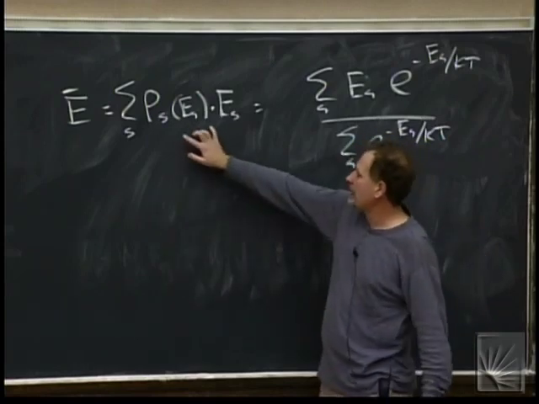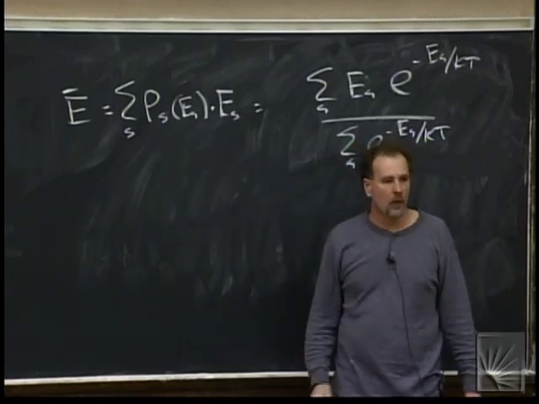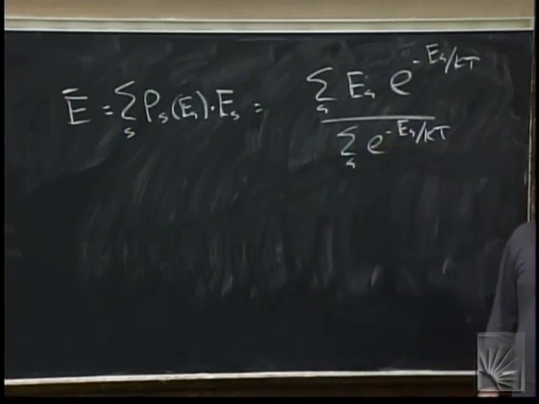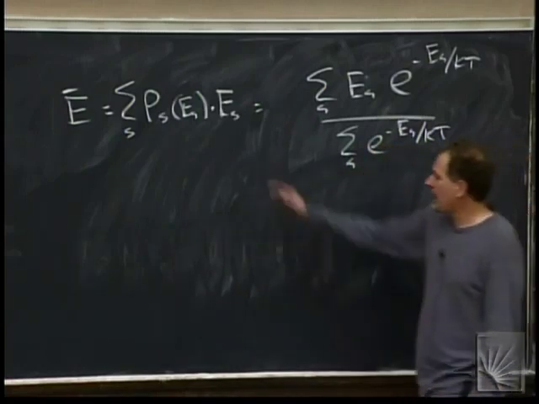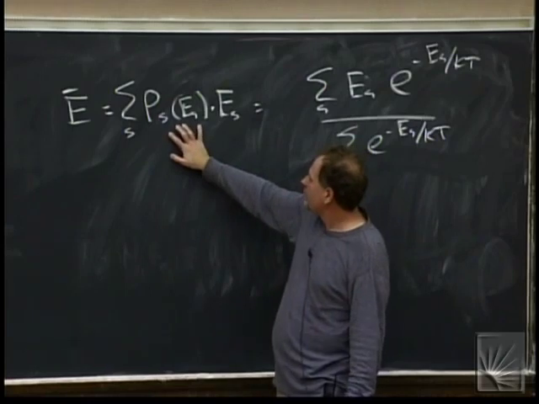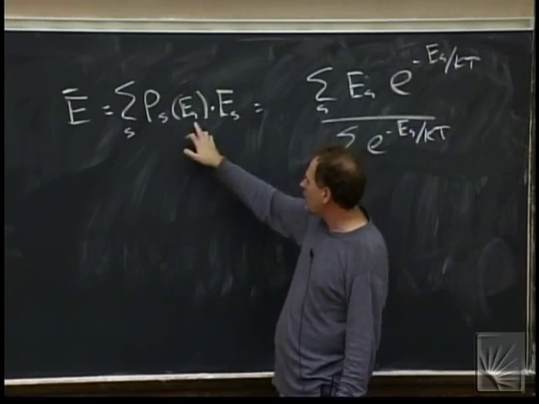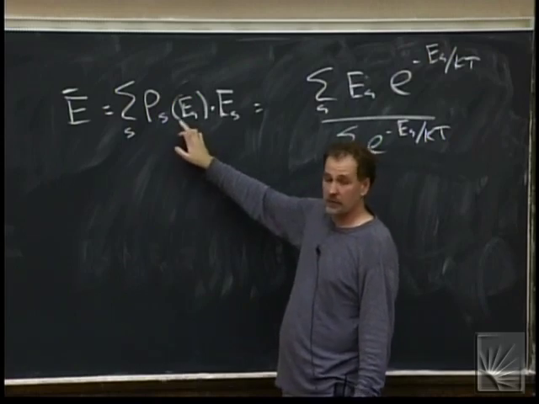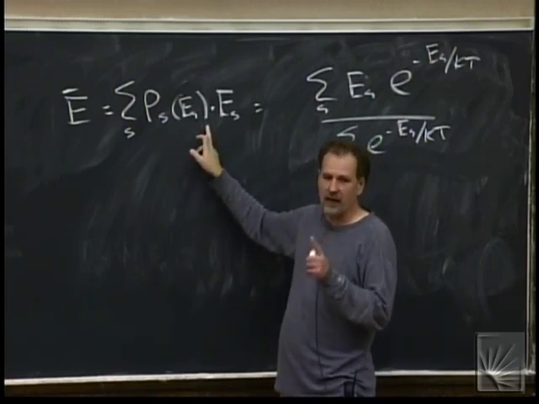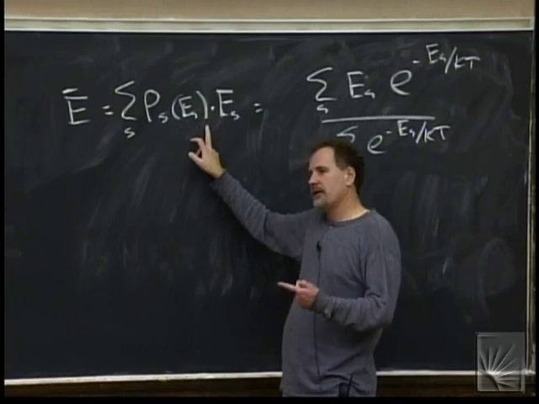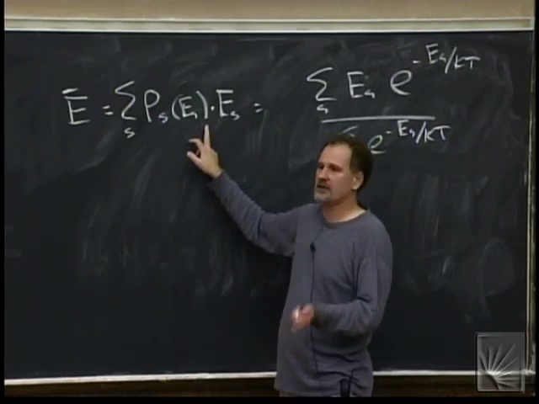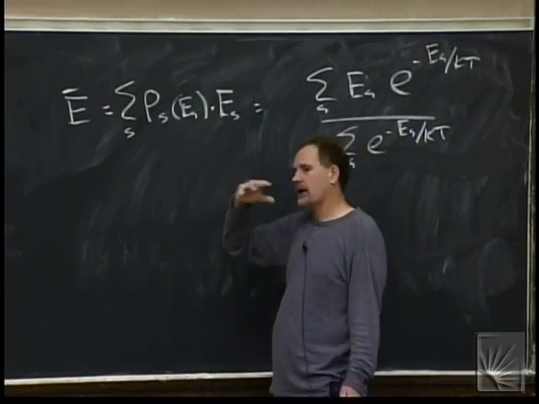It's simply that you may well have more than one state with the same energy, okay? And so when I'm adding these states up, this isn't exactly the probability of an energy. It's the probability of one state with that energy. If I have some number of states that have the same energy, I should talk about it a little differently.